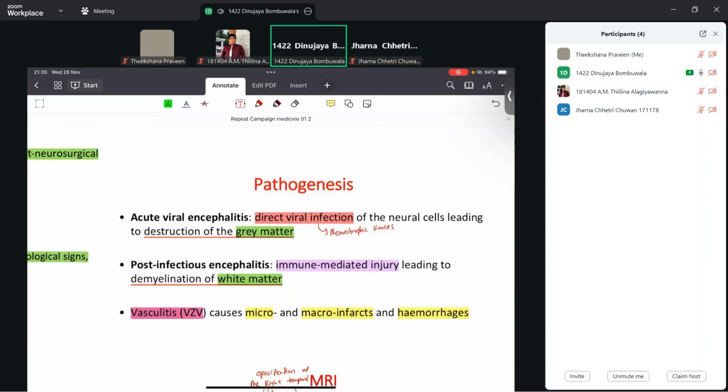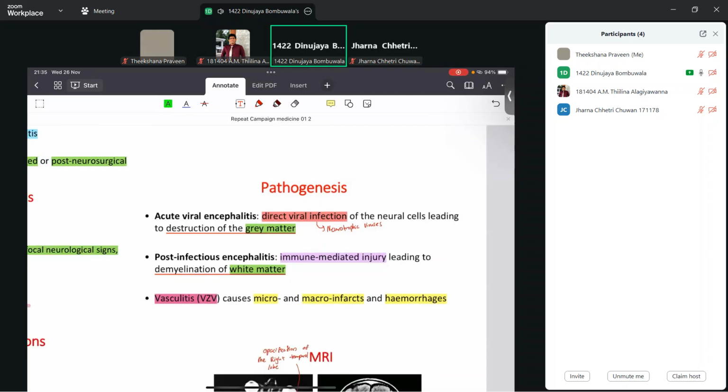The other one is post-infection encephalitis, which can occur with varicella or any other infection, due to cross reaction of the antibodies produced for the infective organism with the cerebral matter. Those two are the main things, and vasculitis in varicella zoster can also cause encephalitis.